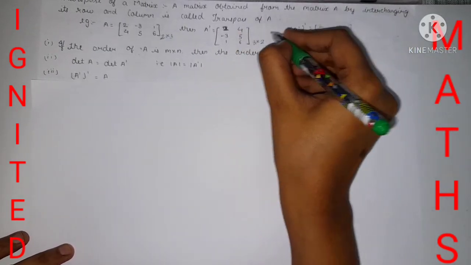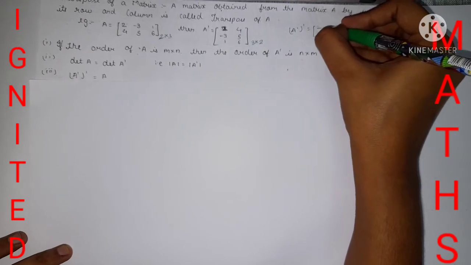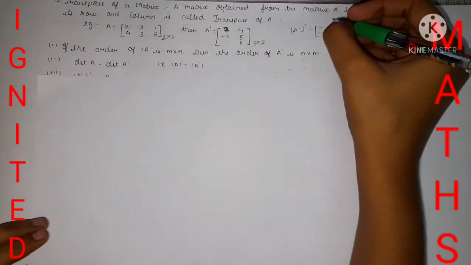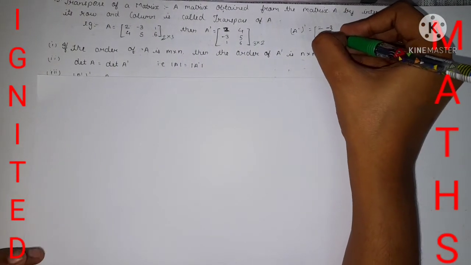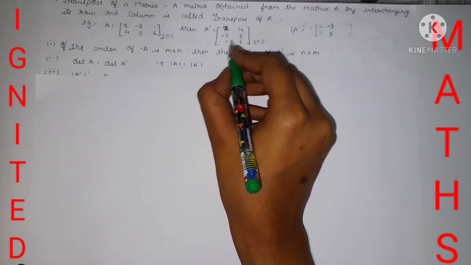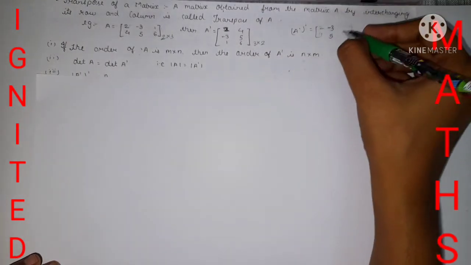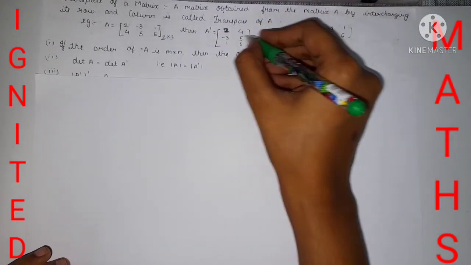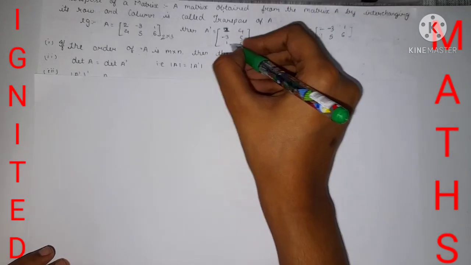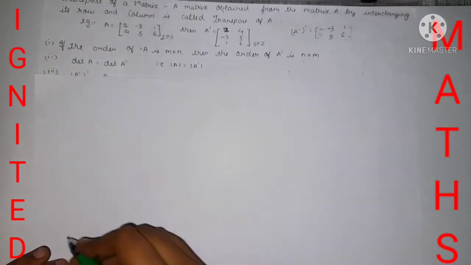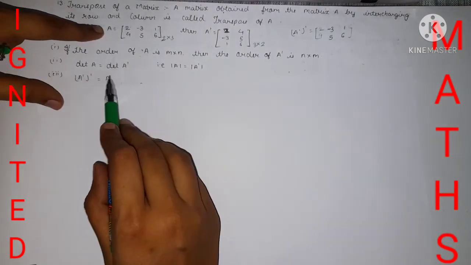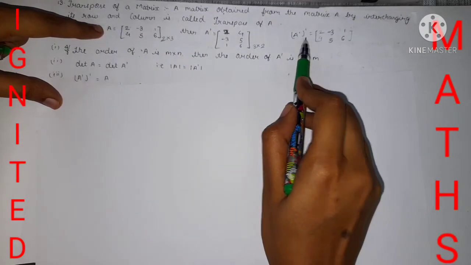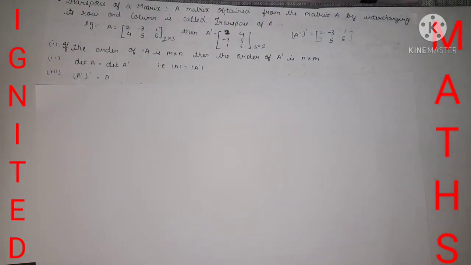Now minus 3 5, I will turn as the column, minus 3 5, and the third row 1 6 I will interchange as the third column. So the first row becomes the first column, the second row becomes the second column, and the third row becomes the third column. Afterwards, if you see the A value and A dash of dash, it is absolutely the same. This is what property 3 says.